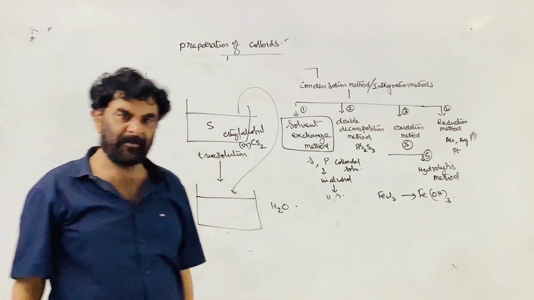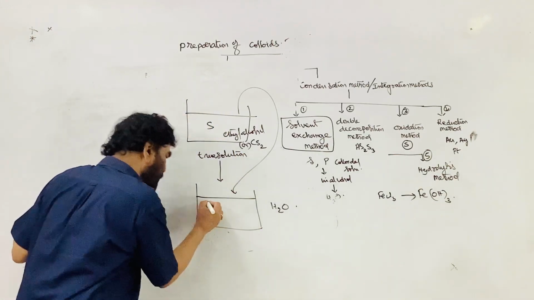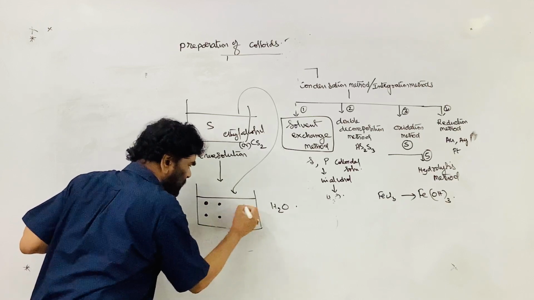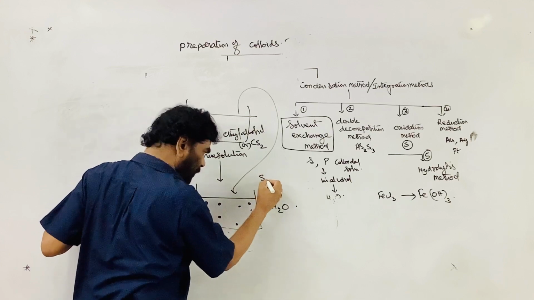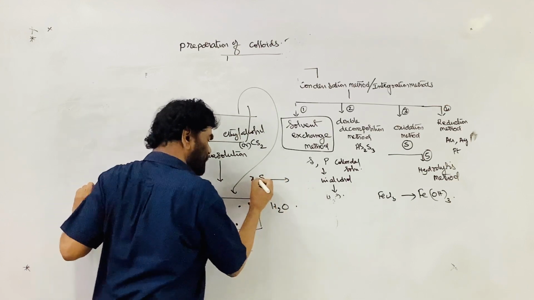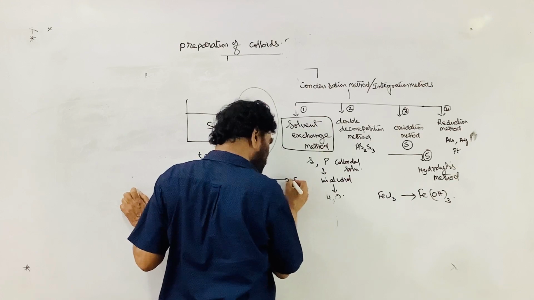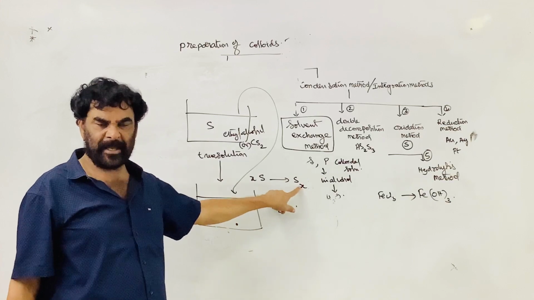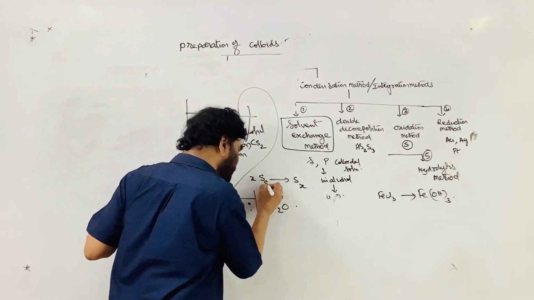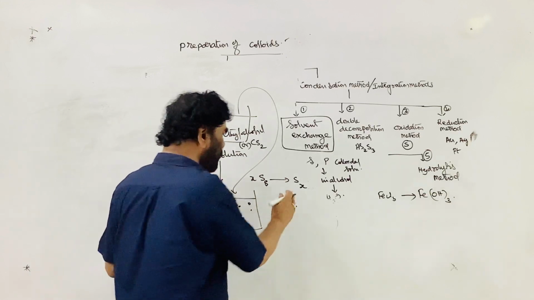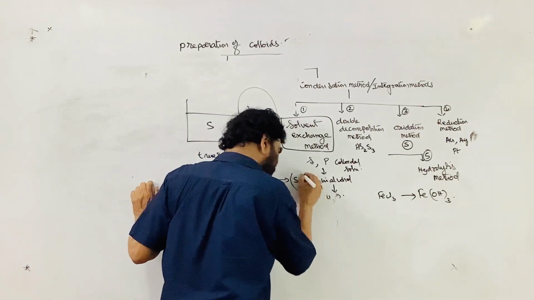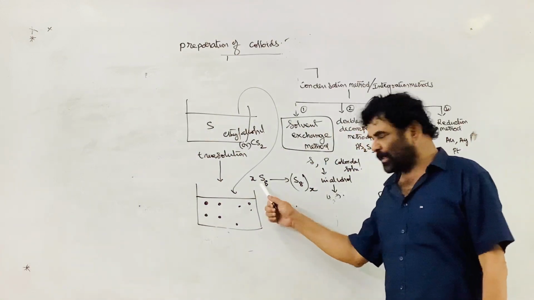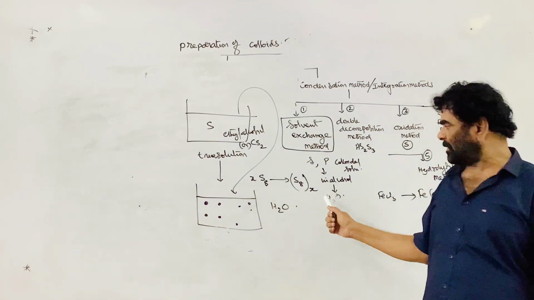Sulfur is immiscible with water, so it is converted into bigger particles: X atoms or molecules of sulfur, S8, combine into Sx form. Many are combined and converted into a bigger particle, so what was in the molecular state is converted to the colloidal state.